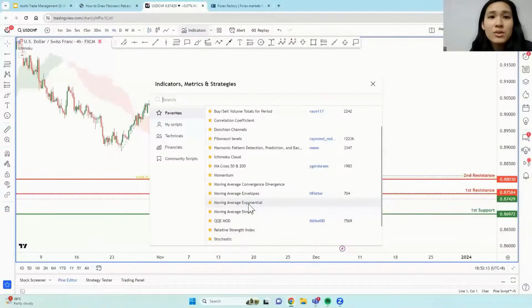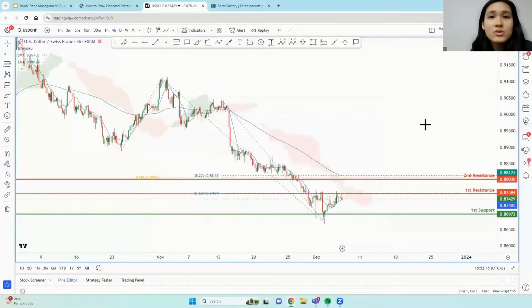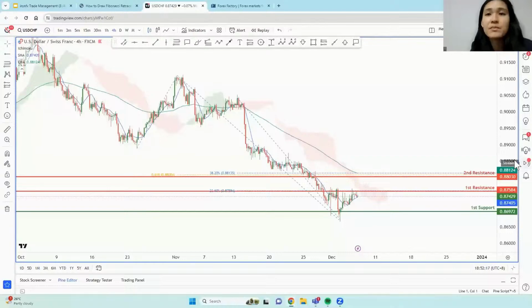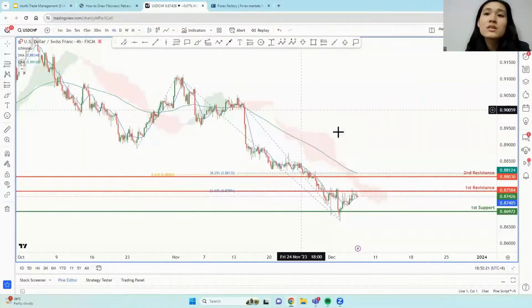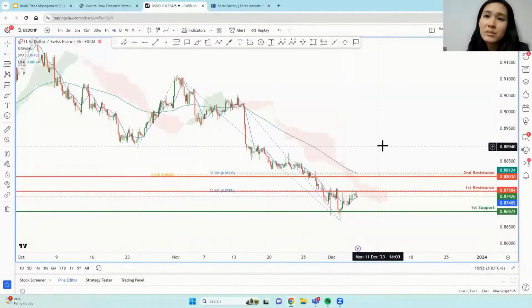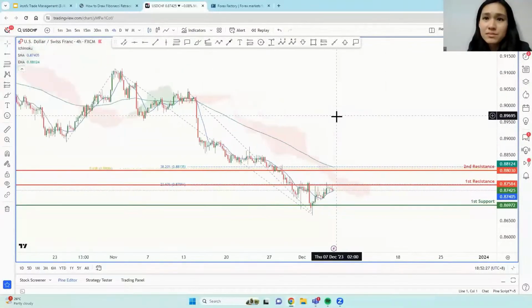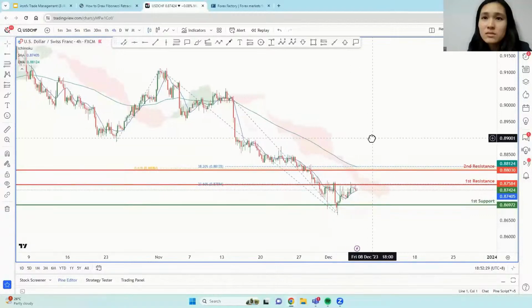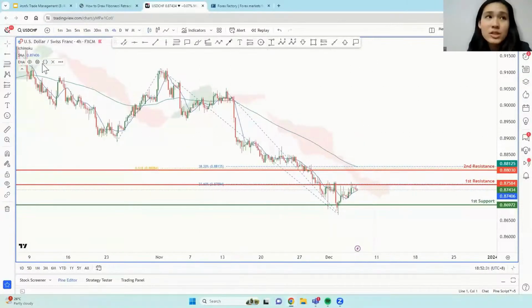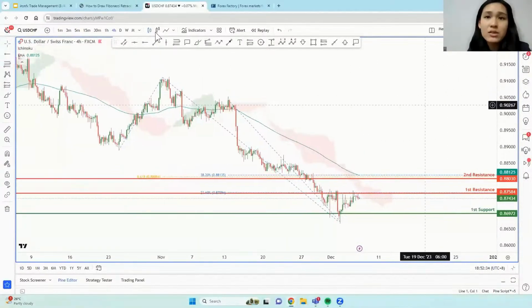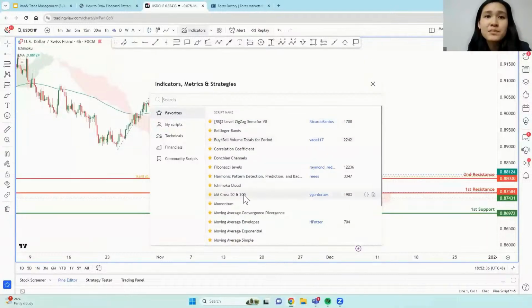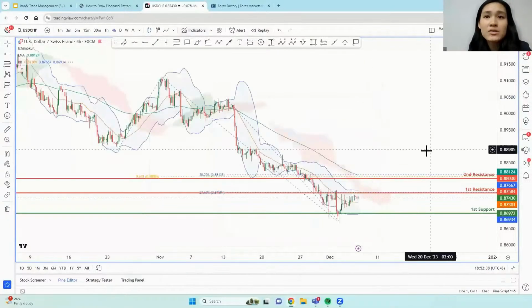Let's look at our moving averages. Okay, price is moving above our SMA but below our EMA. So it's bearish on our EMA but not our SMA. Now let's look at Bollinger Bands.